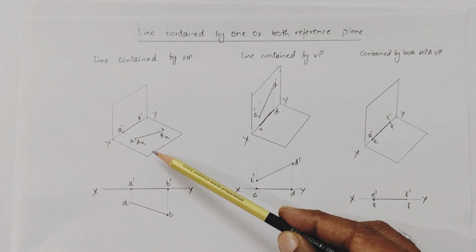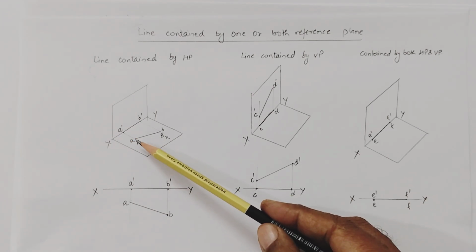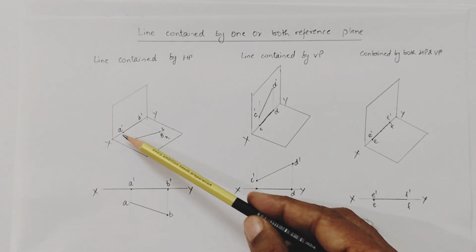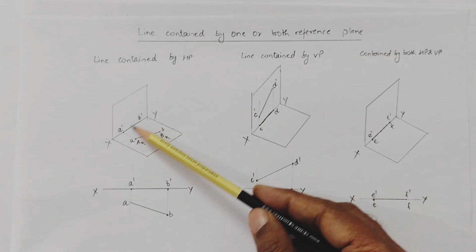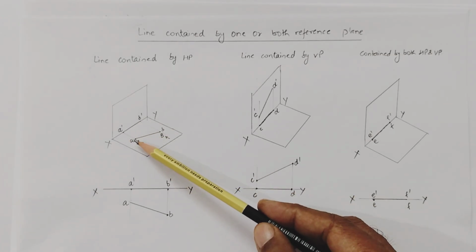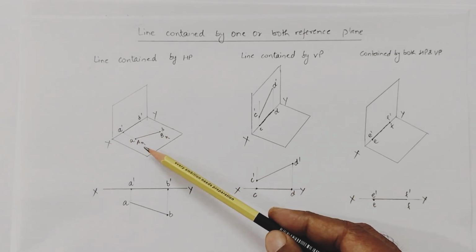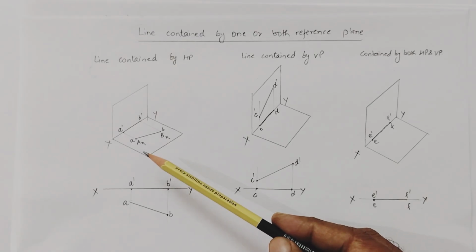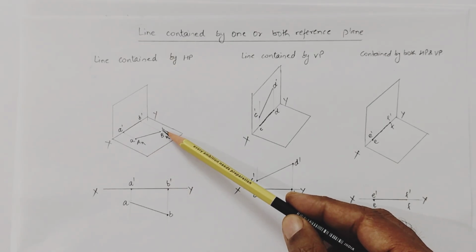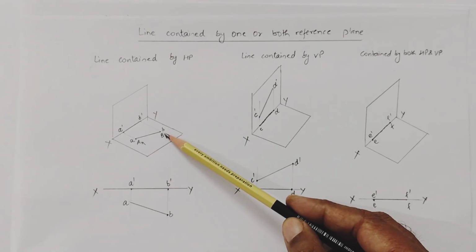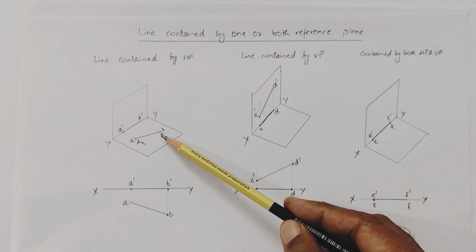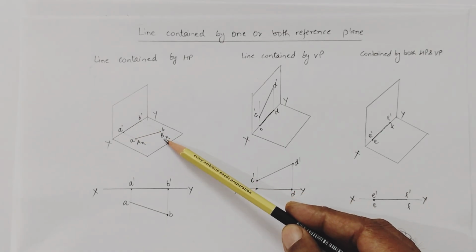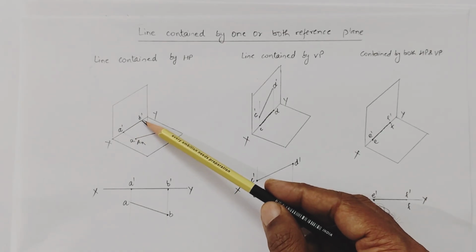But in the front view, when viewed from this side, the projection of point A will be observed on the XY reference line because the line is contained by the horizontal plane. Now in this case, when we view this point from this side, the projection of point B here is B dash.